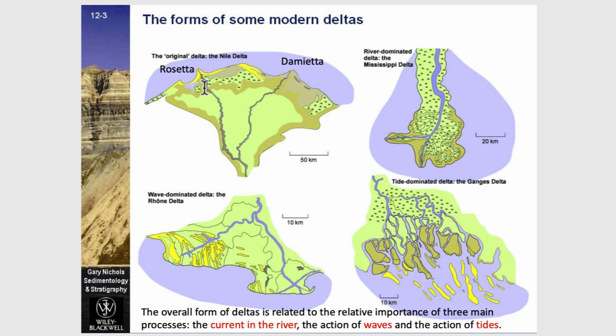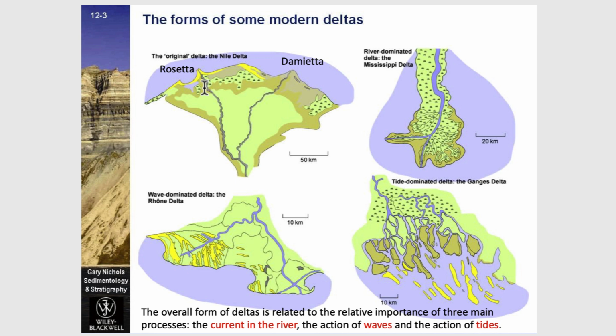In other circumstances, like the Rhone Delta in Europe, we find the effect of wave action rather obvious, which tends to form sandbars and islands that then characterize the coastline.